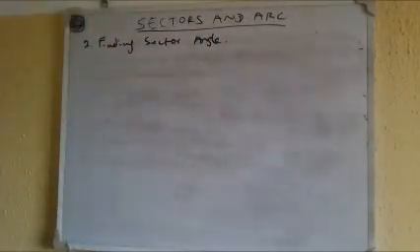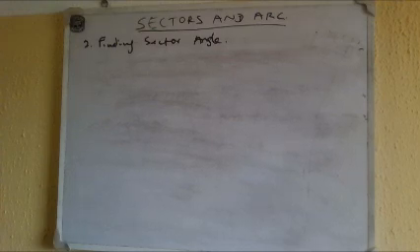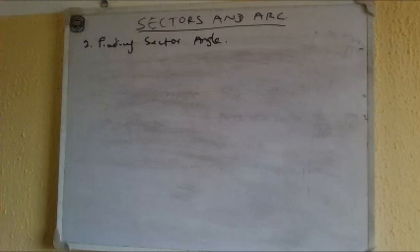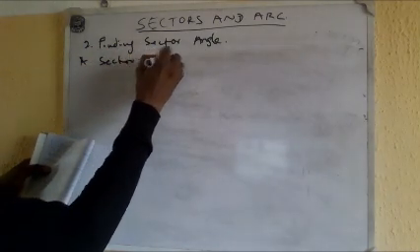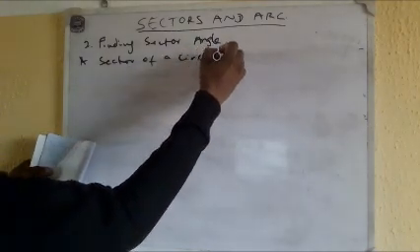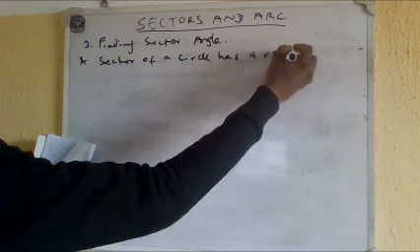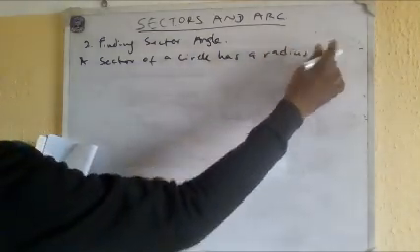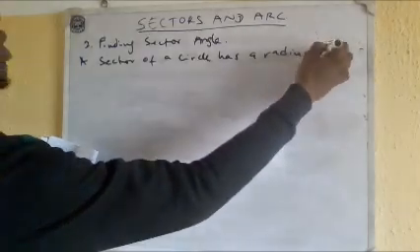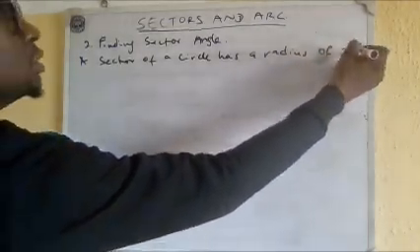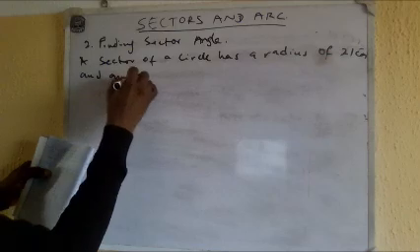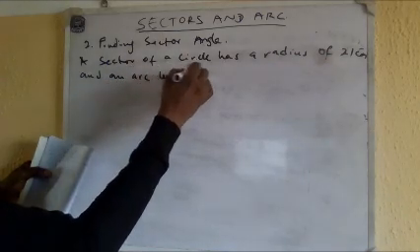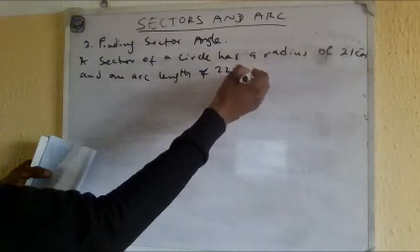Okay. All right, I have a question here. I'm going to put it on the board quickly. It says a sector of a circle has a radius of 21 cm and an arc length of 22 cm.